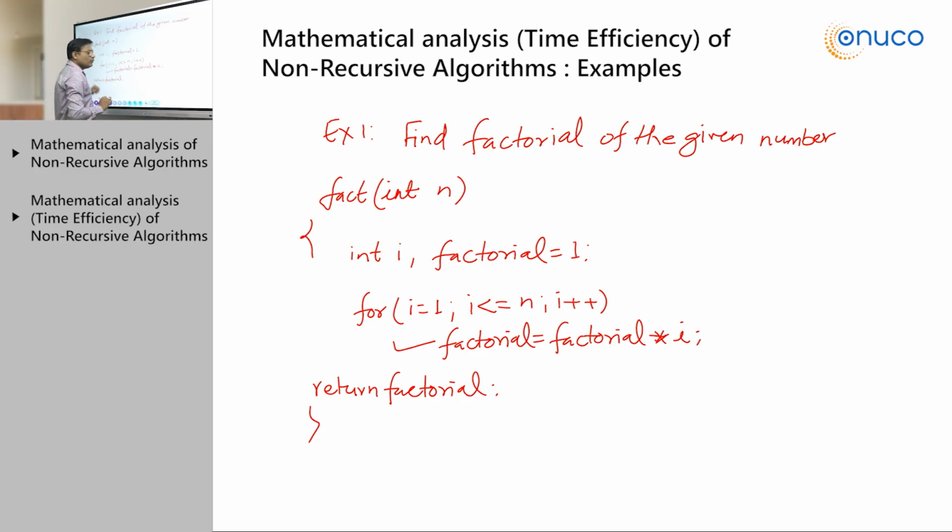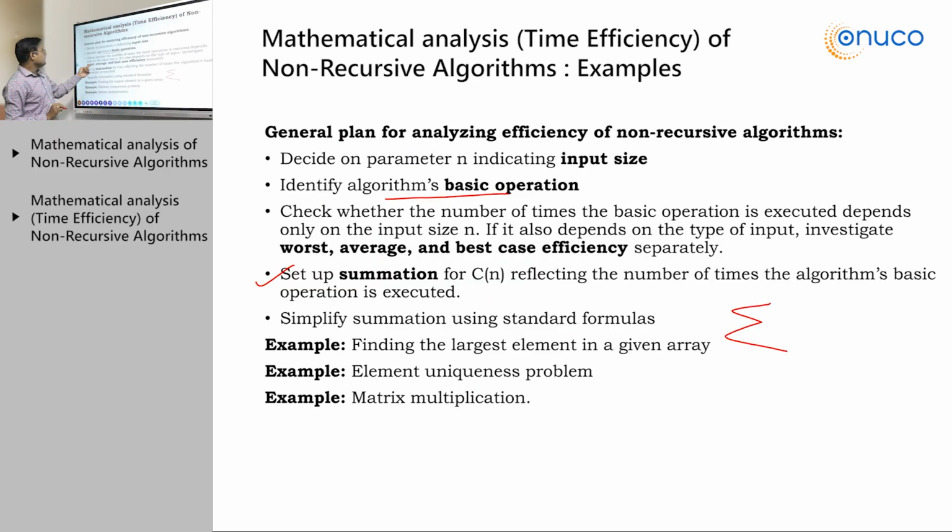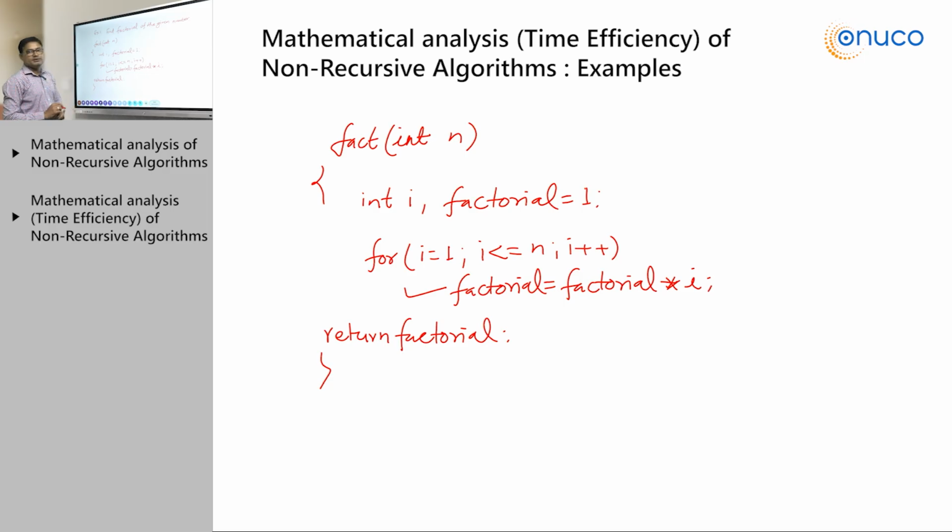Now, what is step 3? Step 3 is we are going to think of worst case, average case, best case scenarios, and fourth is set up some expressions or summations, right, in order to find out proper complexity. So what is that? Let us see that.